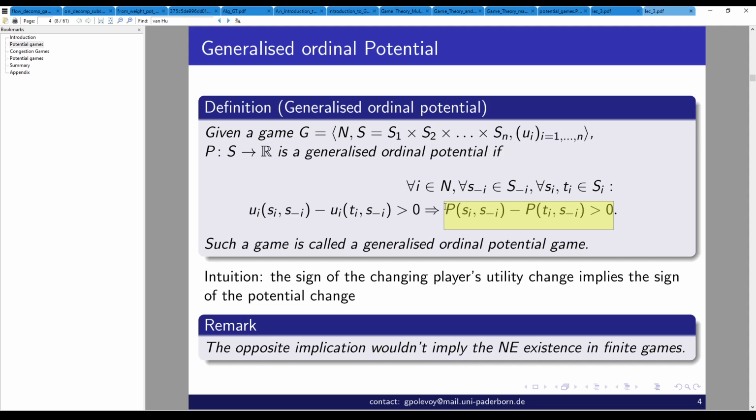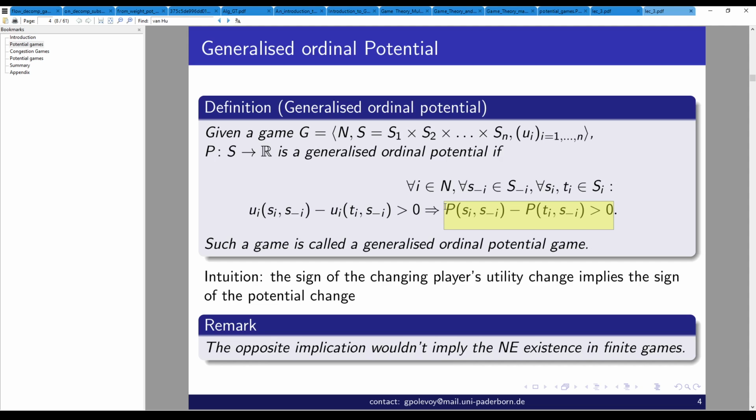So the potential is a function which follows the utility change of any player who unilaterally changes the strategy. But it does it for all the players. And if there is such a potential function, such a game is called a generalized ordinal potential game. So it's much more general, the restriction is much looser than on just a potential game.